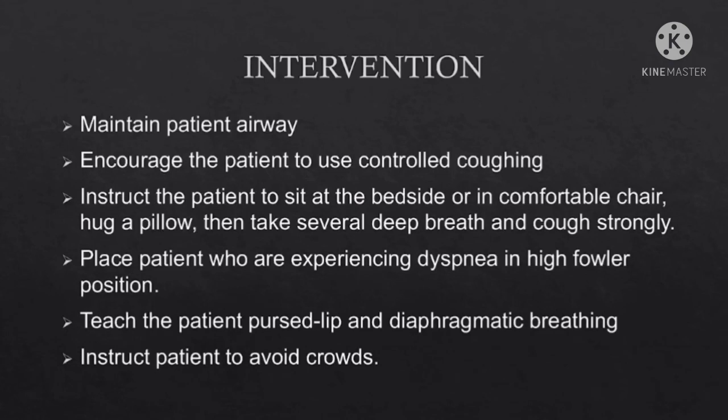Then bend the head downward a little and take several deep breaths and cough strongly. The next is place patients who are experiencing dyspnea in a high Fowler position to improve the lung expansion. Then next is teach the patient pursed lip and diaphragmatic breathing exercises. Then last is instruct the patient to avoid crowds to avoid contagious infections.